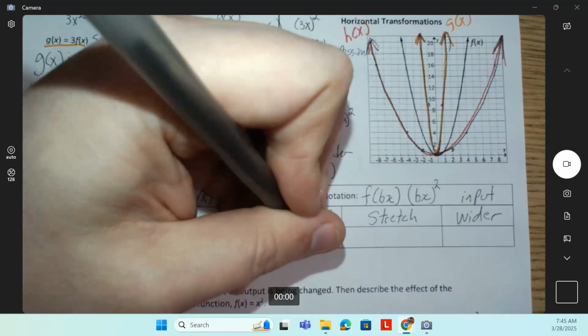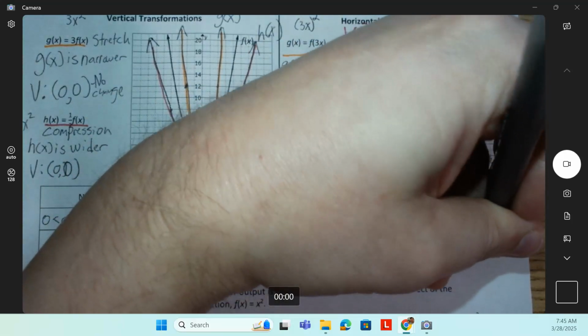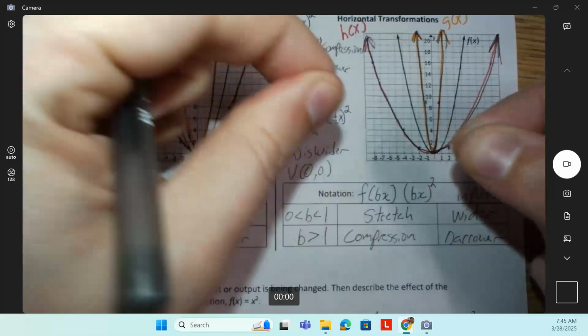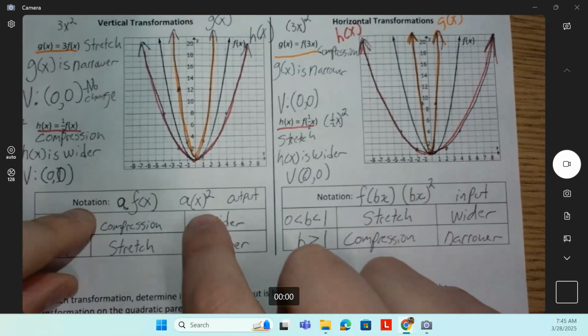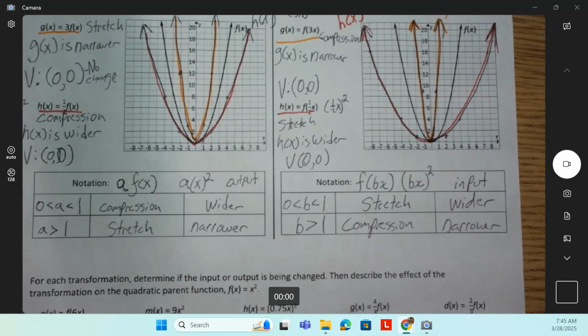And if b is greater than 1, that's a compression, which makes it narrower. So inside, it either pushes or pulls it from the side. If the number is outside, it's going to either push or pull it from the top and bottom. So stretching it left and right or stretching it up and down is basically what we're doing here. We'll look at a couple of examples here in just a second.